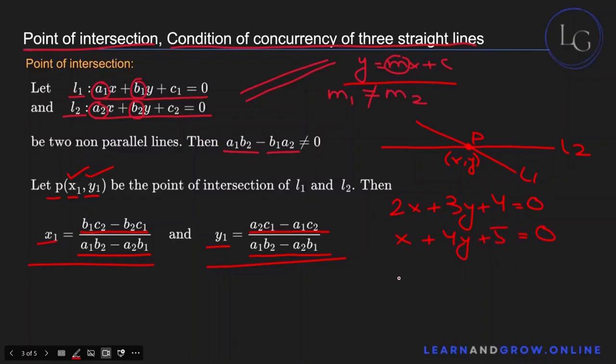Then you can just take the constant to the right hand side in both cases. So these will be your two equations, and now you can solve them simultaneously and get the values for their intersection point.